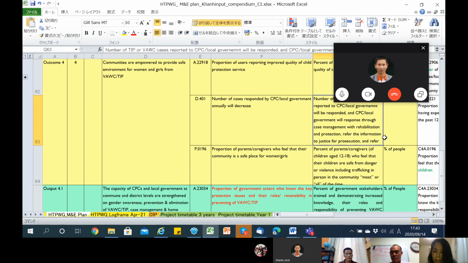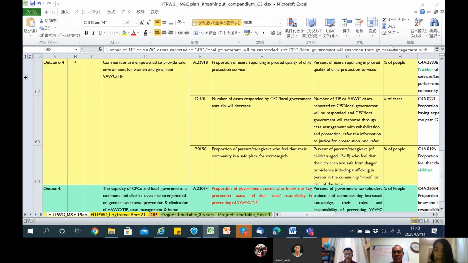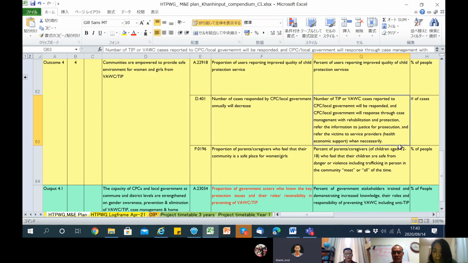So response is case management with rehabilitation and protection, referring the information to justice for prosecution. Yes, case management, refer. And they have evidence for that? Okay. And refer the victims to service providers when necessary. Yeah, okay.